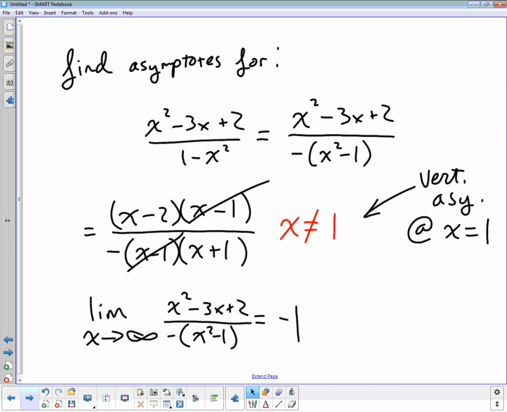Now, if you were even, it would be fine. You would get the same basic thing. You plug in 1,000, or 1,000,000, or 1,000,000,000, or any huge number you can think of. 1,000,000 minus 2 divided by 1,000,000 plus 1 is still going to be 1, and then -1 is still in the game.